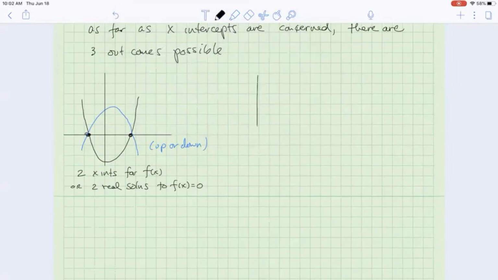The second possibility is that the vertex actually lies right on the x-axis.